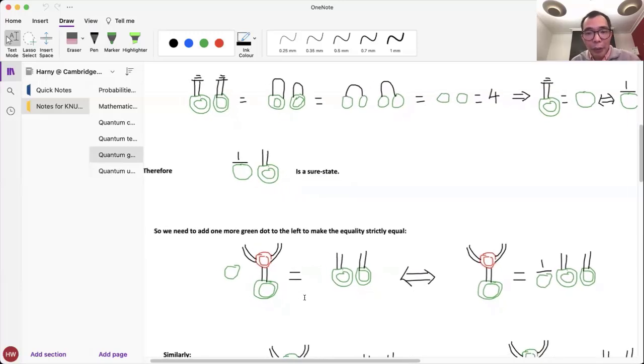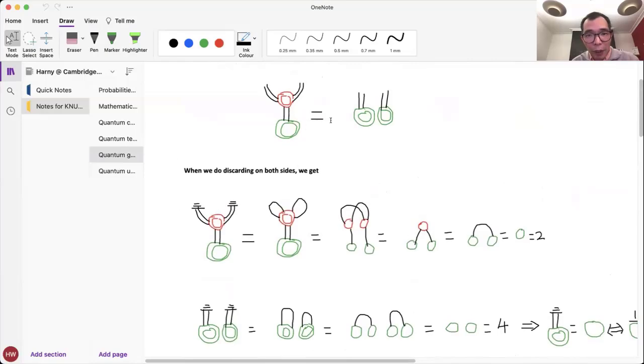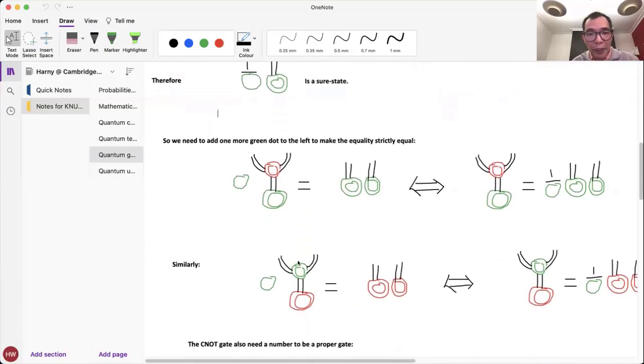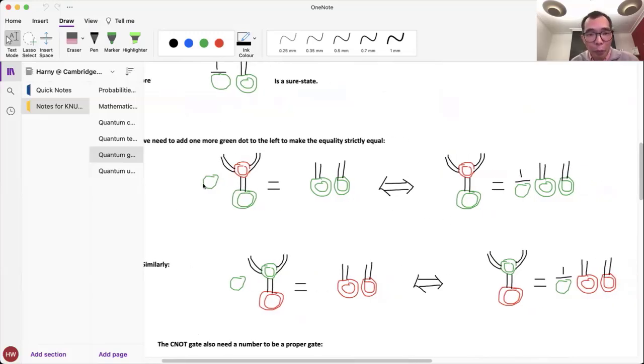So we can modify this one by adding this number, and then we get strict equality. Equivalently, if you move this from the left to the right hand side, you will get a half, 1 over the green circle.